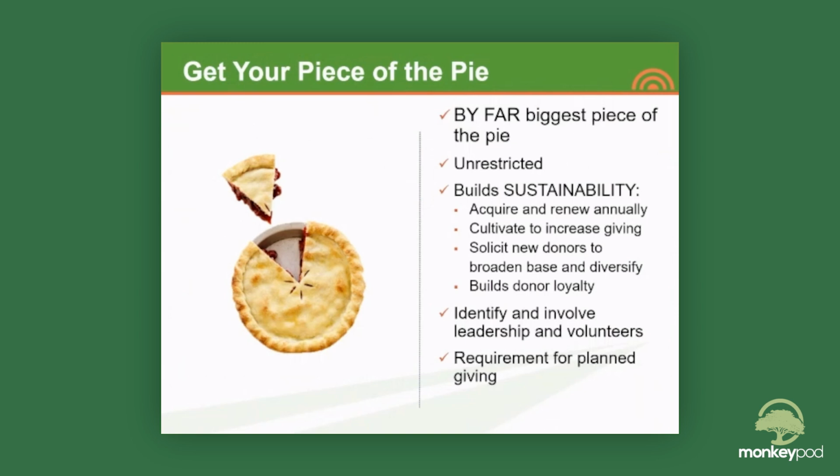We can compare this to the 19% that comes from foundations and the 7% that comes from corporations. So I want you to compare those statistics to your planned allocation of time, effort, and resources. Are you investing 75% of your time on getting support from individuals? Or is it closer to 50% or 25%?